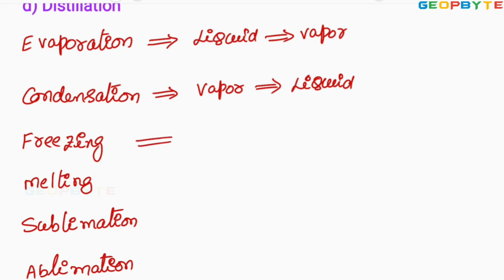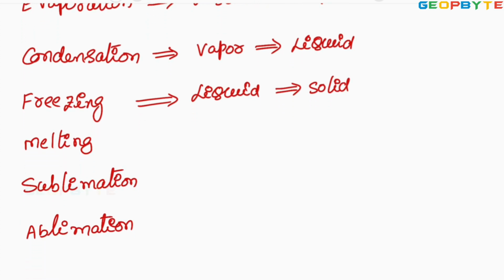During the freezing process, liquid is becoming solid. On the other hand, during the melting process, solid is becoming liquid.